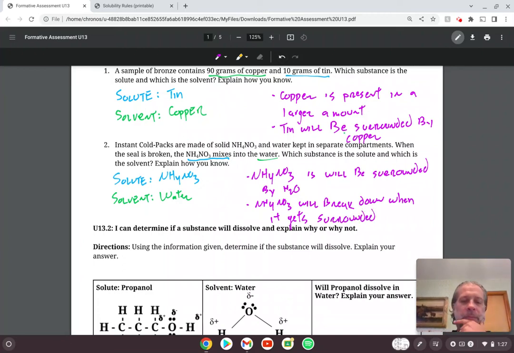Something to think about there is that NH4NO3 is an ionic compound, so it will separate into its NH4 ammonium and NO3 nitrate ions and be surrounded by water.